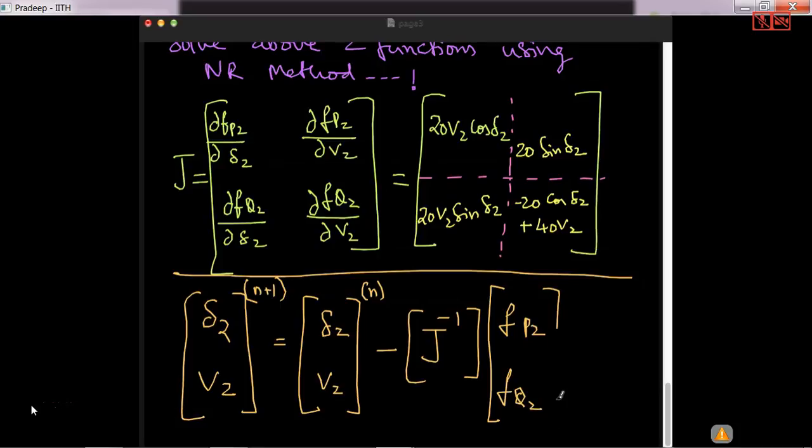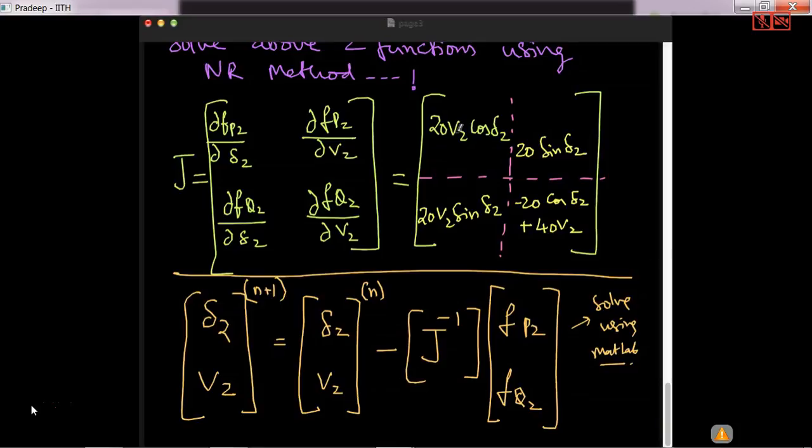That's it. So this equation is what we are going to simulate, or solve, using MATLAB. So let's do that.